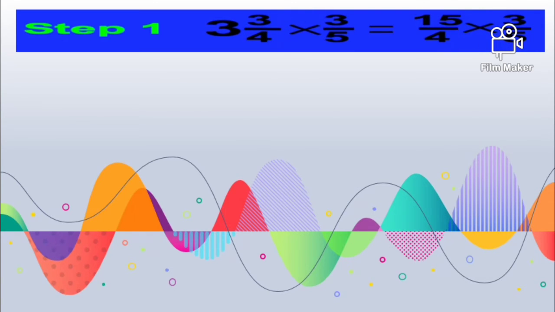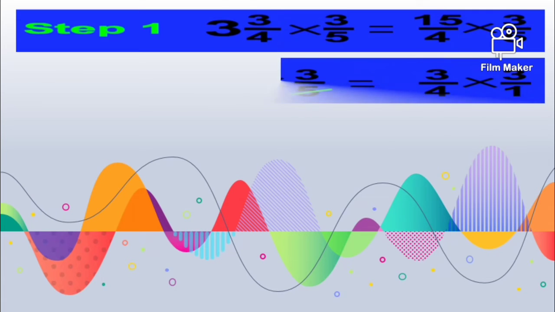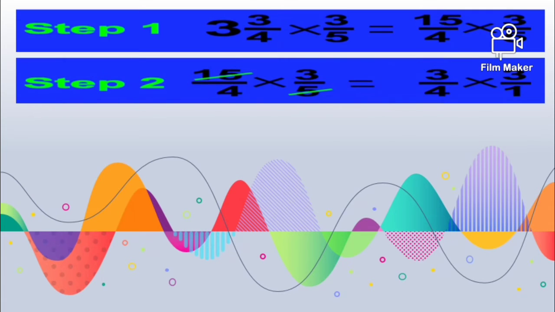So what we do, we will reduce 5 and 15 by dividing by 5. 5 ones are 5, and 5 threes are 15.